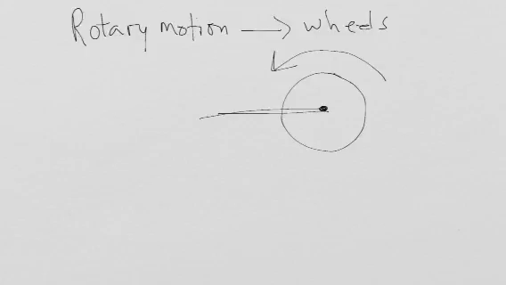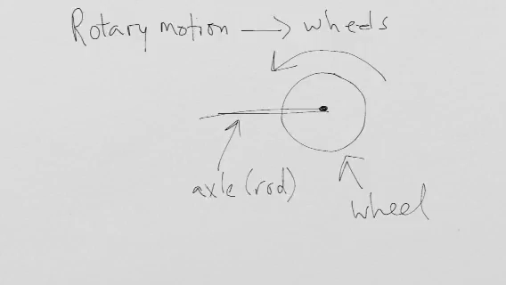When we talk about a wheel and axle, the wheel is the big round part, and the axle is always the rod that goes through the center of the wheel. Just like with levers, wheels and axles fall under some of those characteristics of simple machines. Wheels and axles, or especially pulleys, allow us to transfer a force from one place to another.